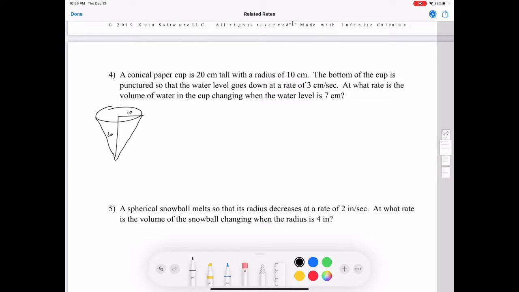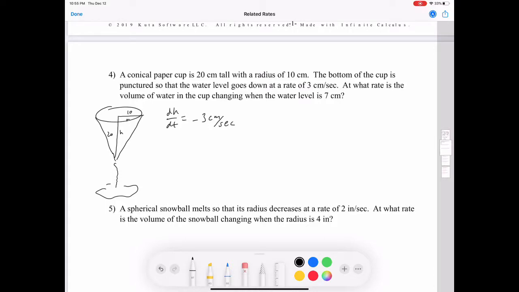The bottom of the cup is punctured so that the water level is going down at a rate of 3 centimeters per second. So the height here, I'm going to call this h, and this is r. dh over dt is equal to negative 3 centimeters per second.